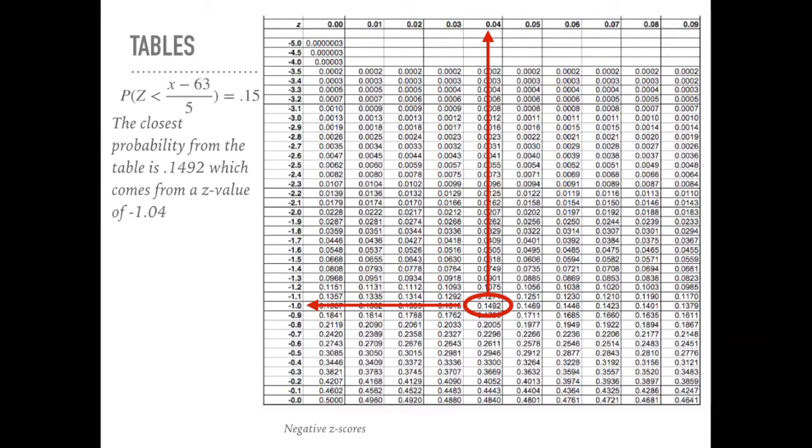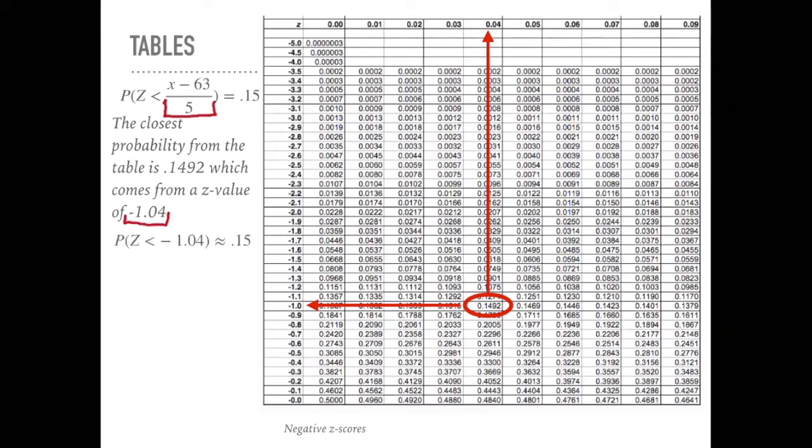So we're saying that this X minus 63 divided by 5 is approximately negative 1.04.